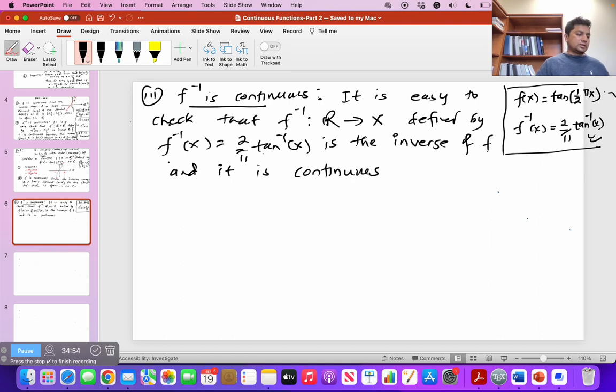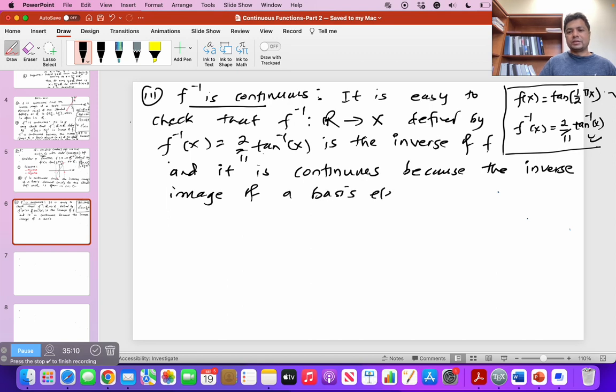It is continuous because the inverse image of a basis element for the subspace topology or the order topology on X. Basis elements are open intervals of this form.